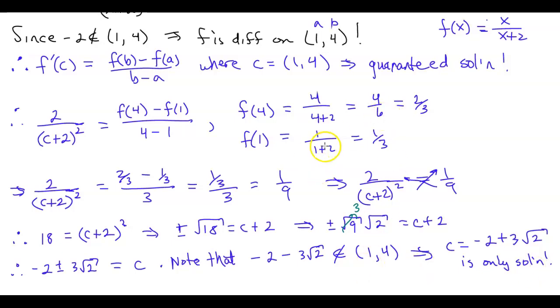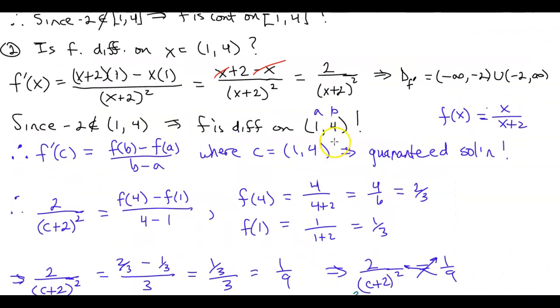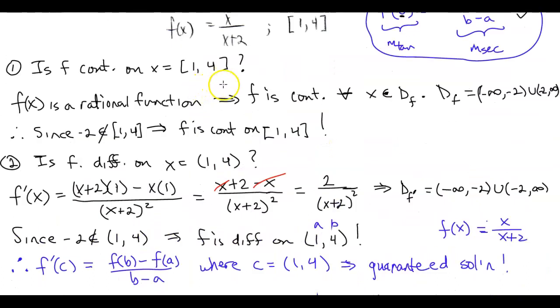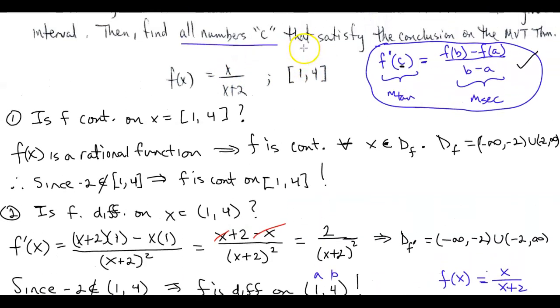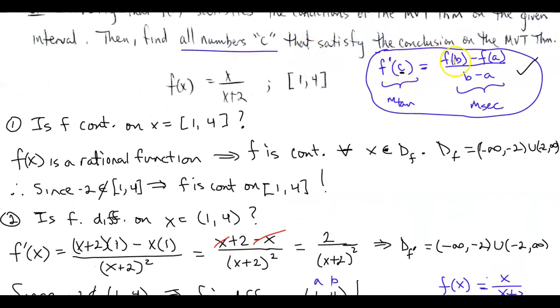All right, so the beginning of this problem was to verify that our function under the closed interval met the conditions for the mean value theorem. The mean value theorem says that we're guaranteed at least one value of c that would make both sides of this equation equal to each other if we met these two conditions.